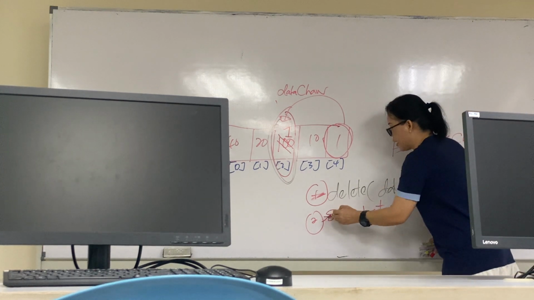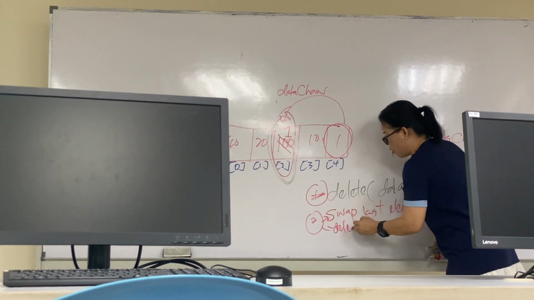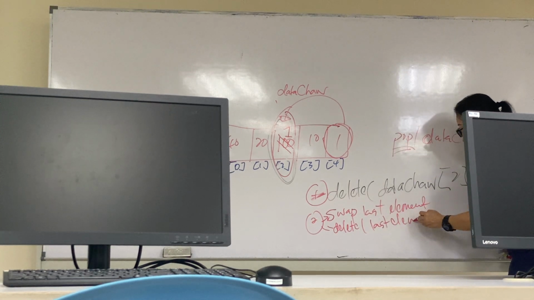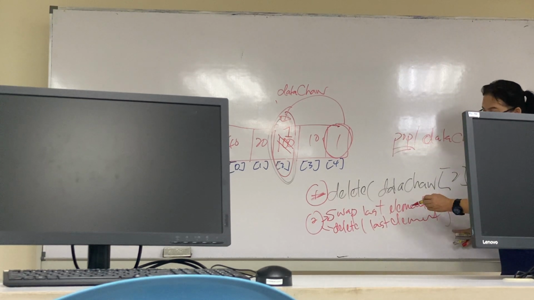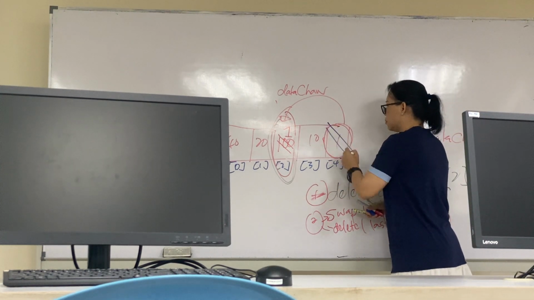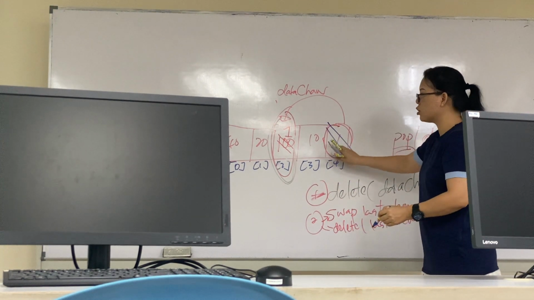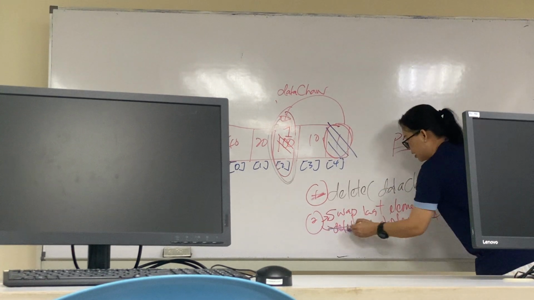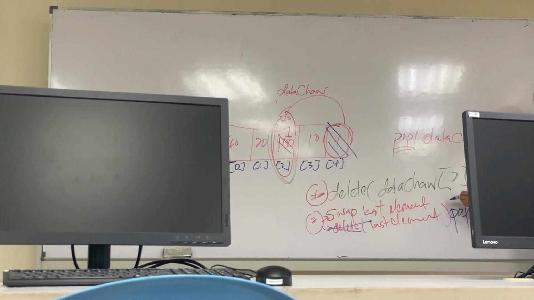After that you go and delete the last element using the delete method. In this case, you are going to delete this one, and when you delete it, you are using pop, not the delete. You're using the pop method.